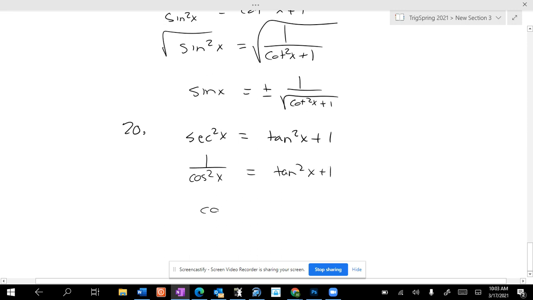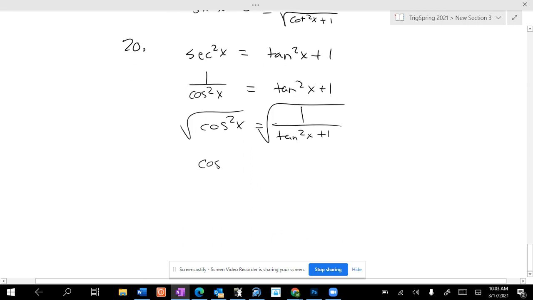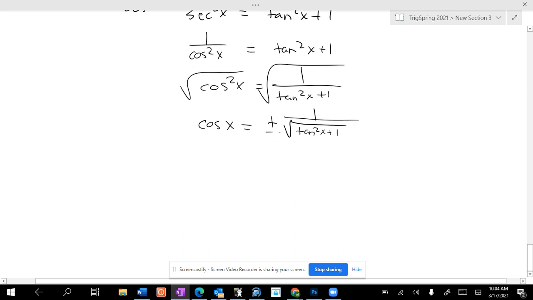So I'll take the reciprocal of each side. Take the square root of both sides. The square root of 1 is 1, over the square root of tangent squared of x plus 1. And I'm just going to leave it on the bottom for now.